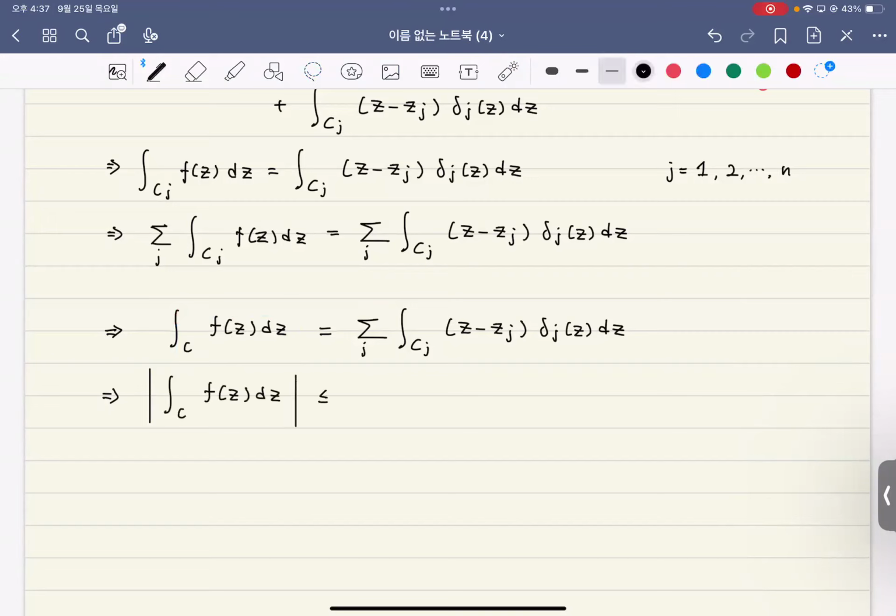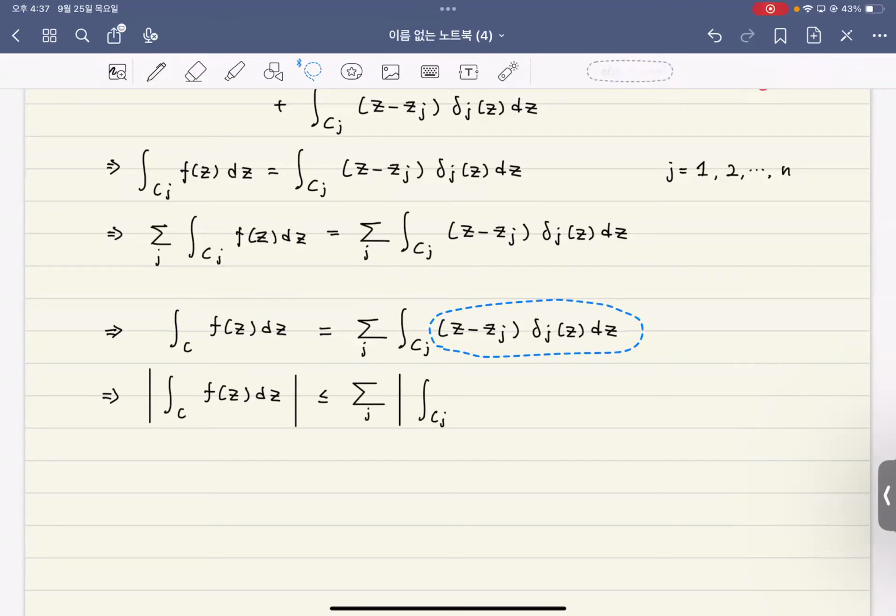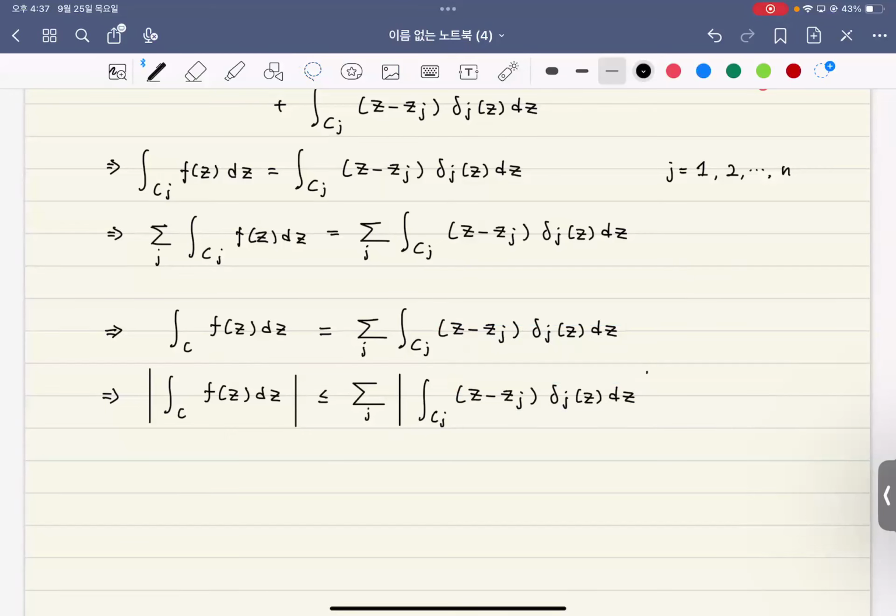And since triangle inequality, I have this guy is greater than this. Okay, so actually I will need to, since I have many terms over here, consider two different cases.